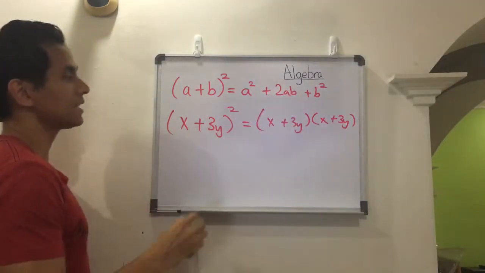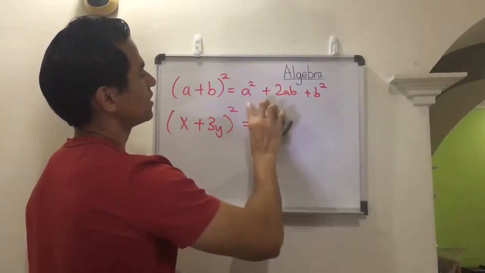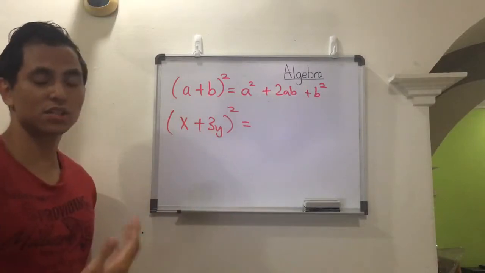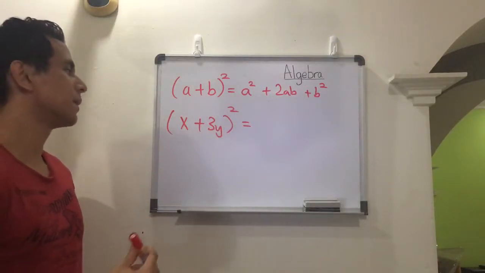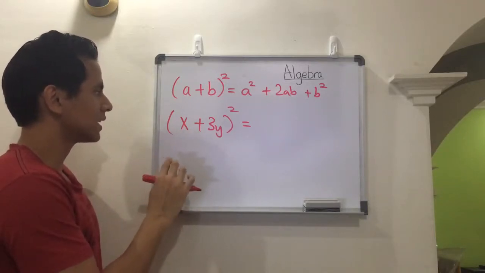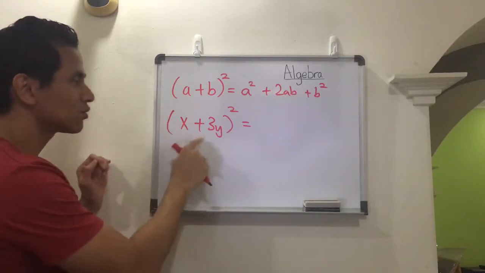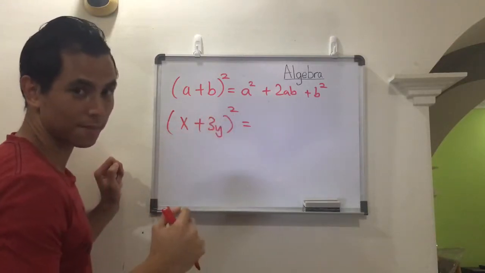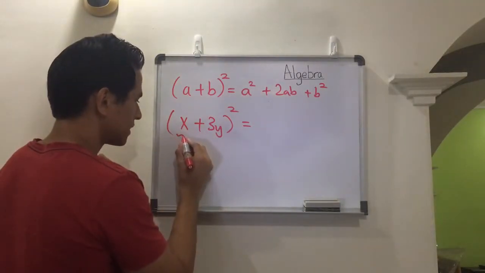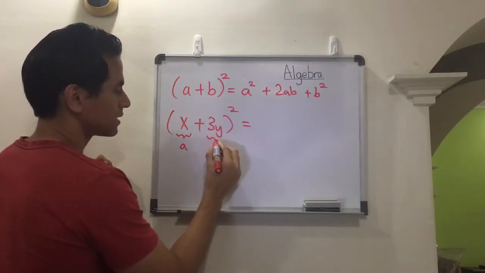That is one way, yes, but now that you have learned identities, you can use the identities to solve this in a shortcut, in a faster manner. We have to realize that this and this have some similarity. They both have two terms and they're both in brackets and square. So what does this mean? It just means that this part here is a, and this part here is b.